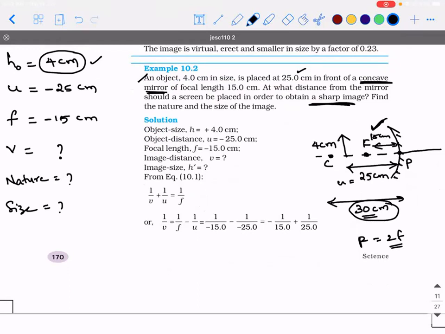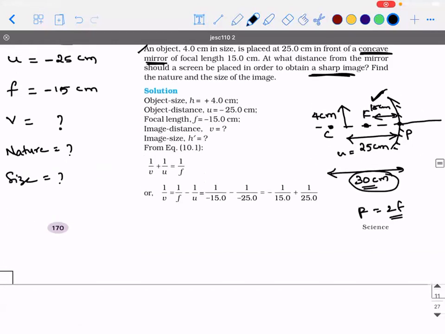So from the ray diagram concept, what can you expect the image distance to be? Will you expect the answer to be less than 30, greater than 30, or equal to 30? Why am I taking 30? Because 30 is the radius of curvature.